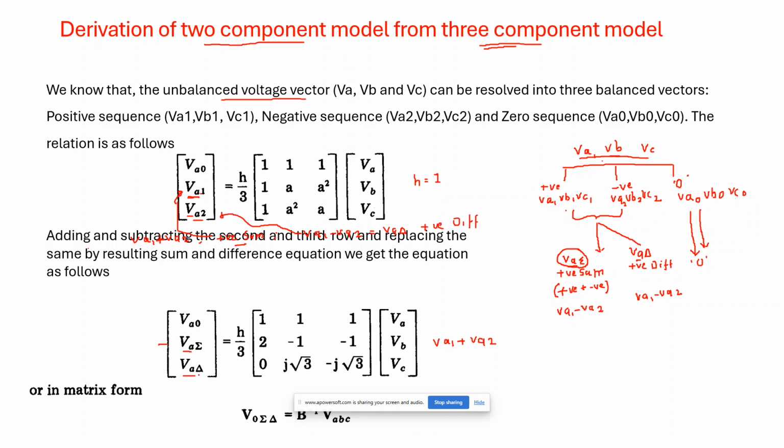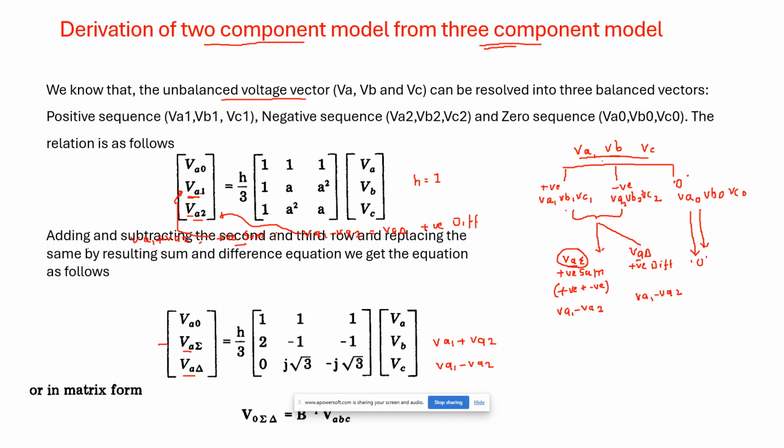And the third row is obtained by subtracting the third row from the second row and replacing it by this equation, which is called VA delta, the positive difference. And this is called the two component model.